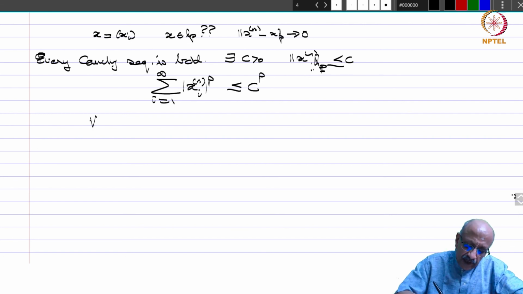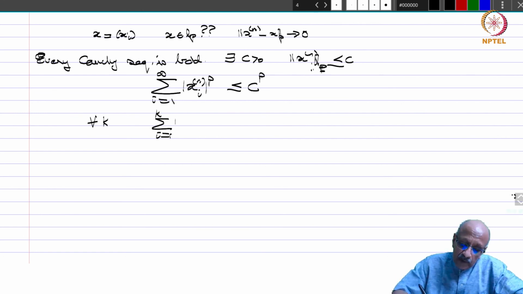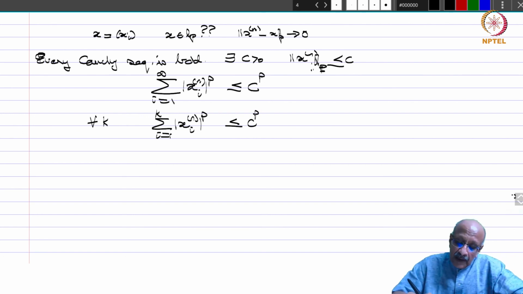Therefore, for every k, we are going to use the k trick once more. For every k, you have the sum from i equals 1 to k of |x_n^i|^p less than or equal to C^p, because this is smaller than this.